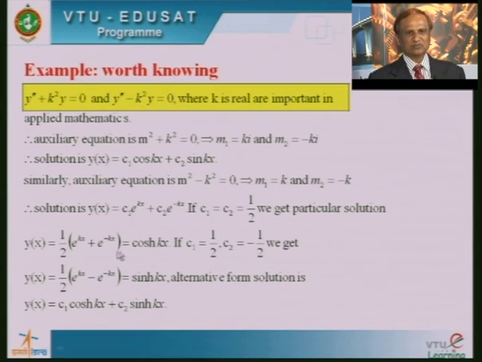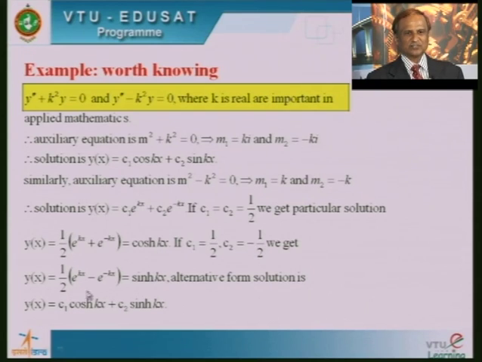And this can be written as cos hyperbolic kx, right. So, you know the definition of a hyperbolic function, is it clear, right. So, using the hyperbolic function, we can replace this by a hyperbolic function, right. So, you may ask why we want to take C1 and C2 equal to 1 by 2 only, not necessarily, right. You can take C1 is equal to 1 upon 2, C2 is equal to minus 1 upon 2. Suppose if I take these two values, then I can replace C1 by 1 upon 2, C2 by minus 1 upon 2.